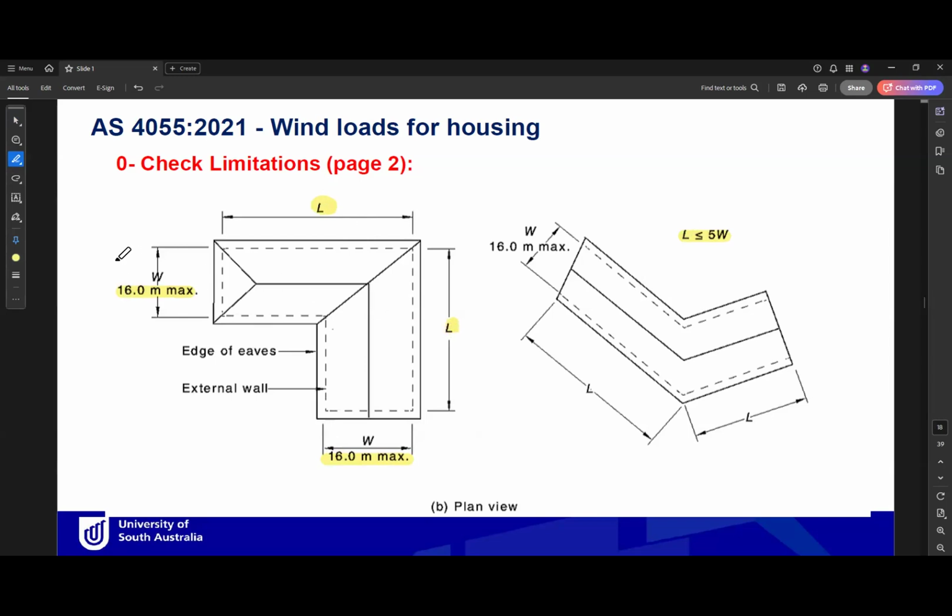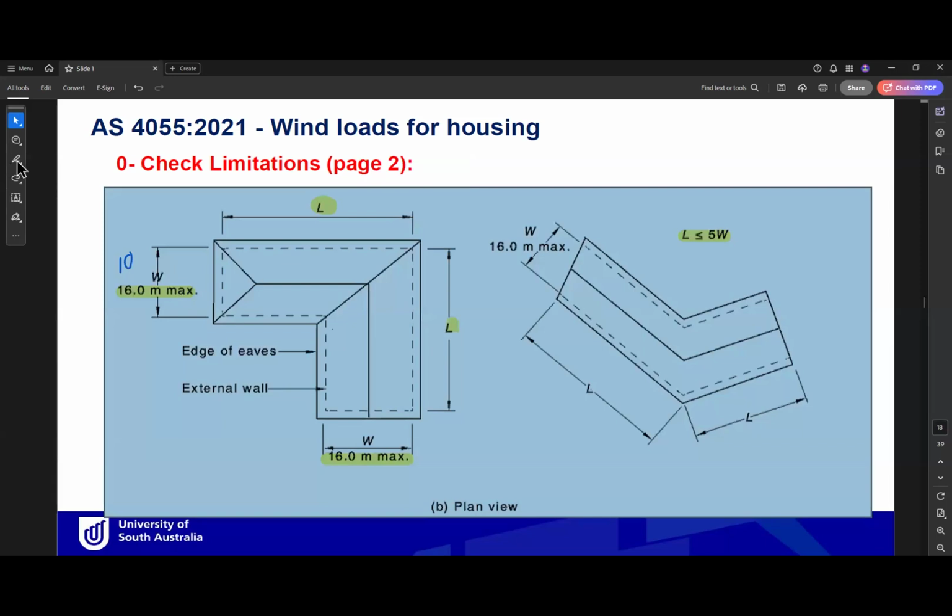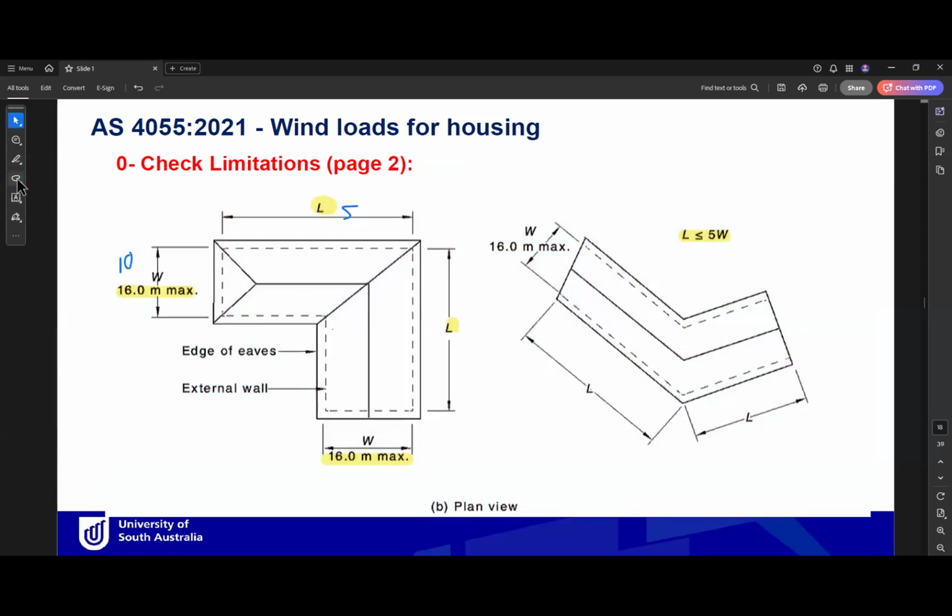So for example, if W is 10 meters, then L should be less than 50 meters.